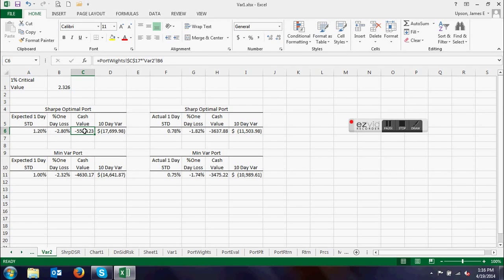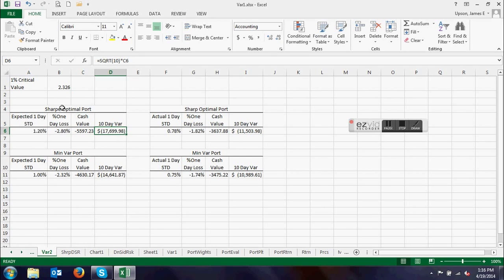We multiply that loss by the cash value of the portfolio, $200,000. You get 5,967, and then we multiply that again by the square root of 10 to get our 10-day VaR.